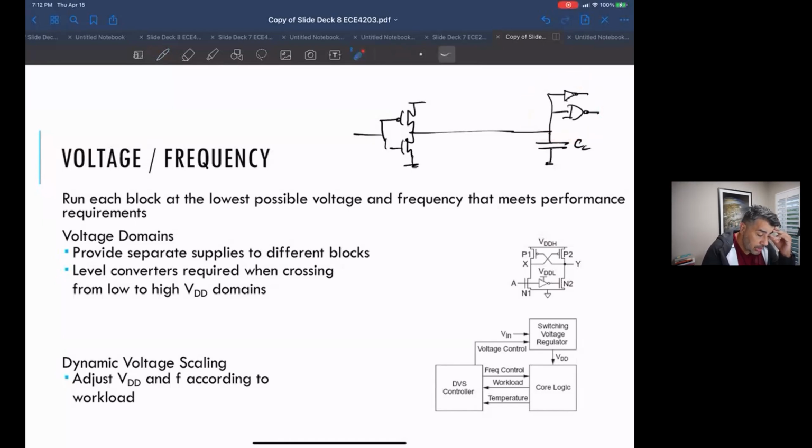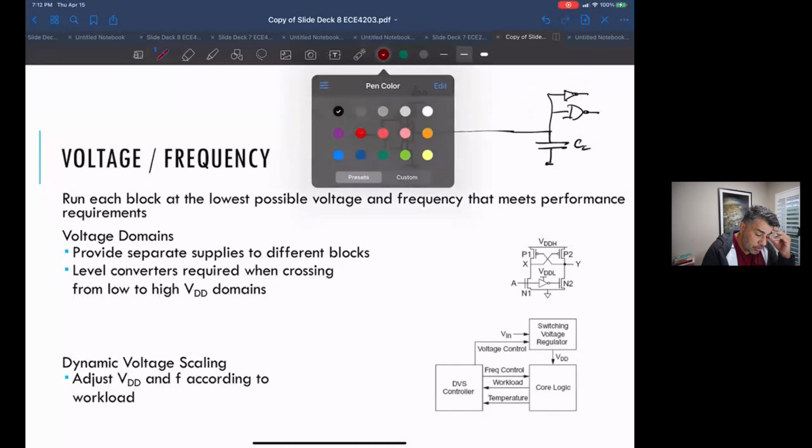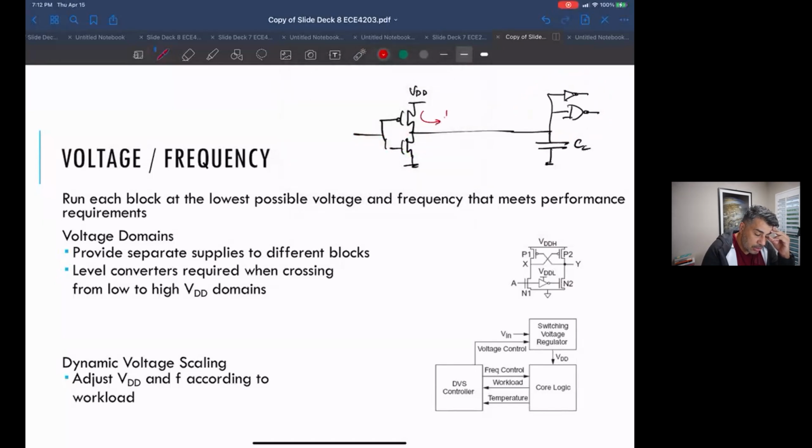The speed is the amount of current that it pumps out or discharges this capacitor. The more the current, the faster you're charging and discharging the capacitor.